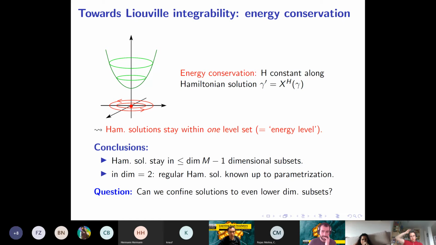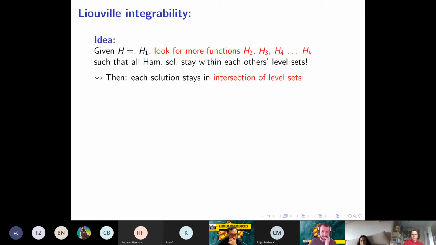And so the question is if one can extend these concepts also to imprison the solutions in even smaller level sets. And this is now what I'm aiming for. This is Liouville integrability. And this is also what I think Eva meant at the beginning of her talk when one has an integrable system.